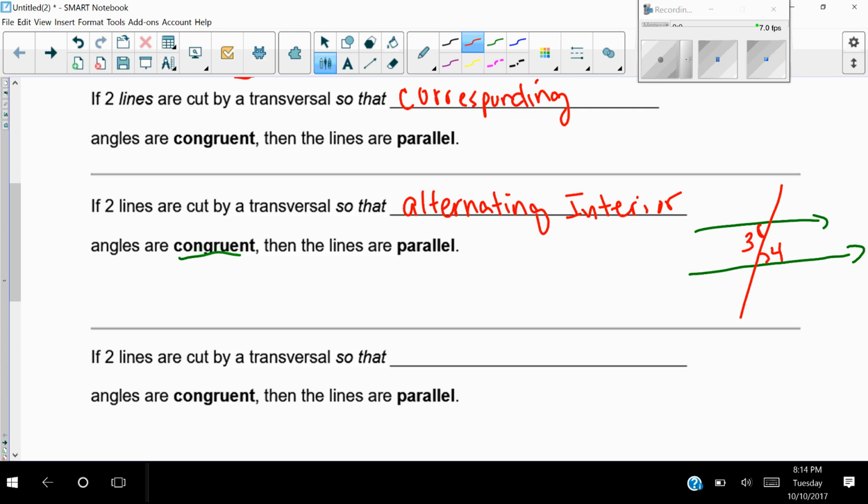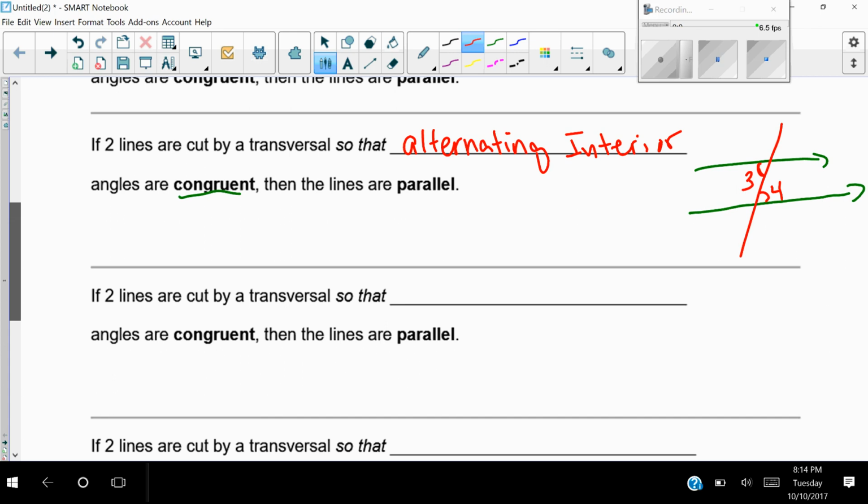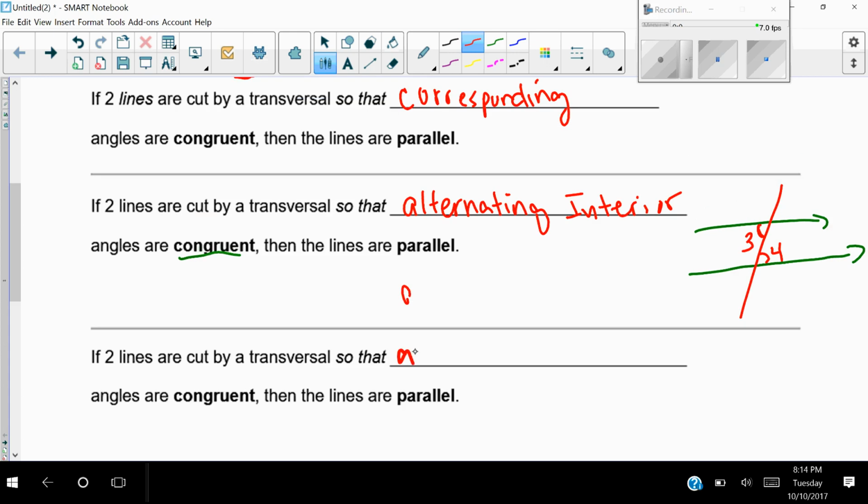All right. So we learned corresponding, alternating interior, and alternating exterior angles are congruent, then the lines are parallel. But let's look at alternating exterior angles.